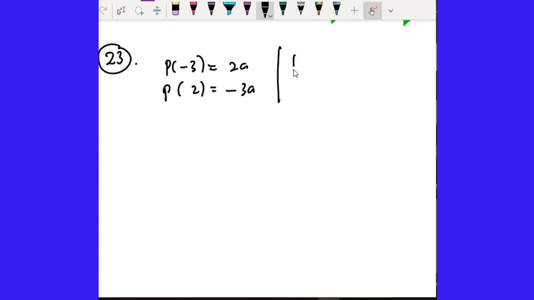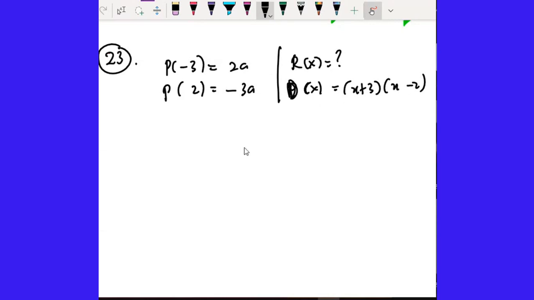Find the remainder when P(x) is divided by (x plus 3)(x minus 2). So you can do it directly or using the concept.